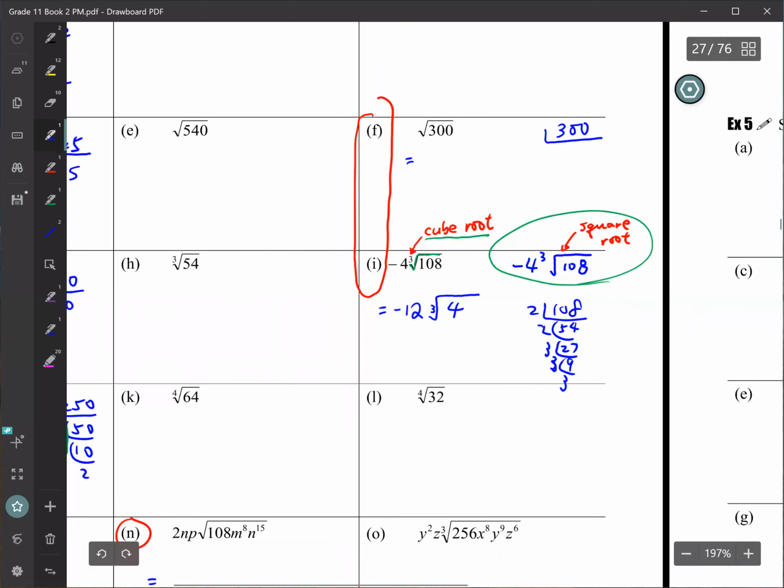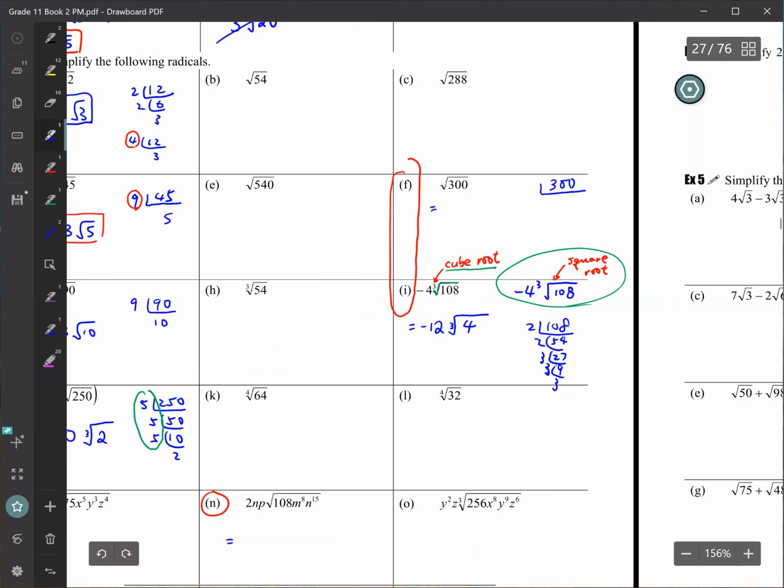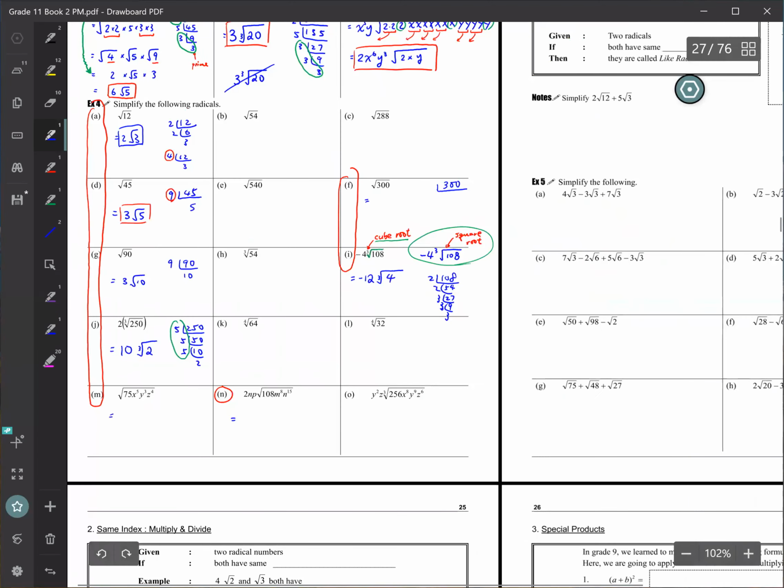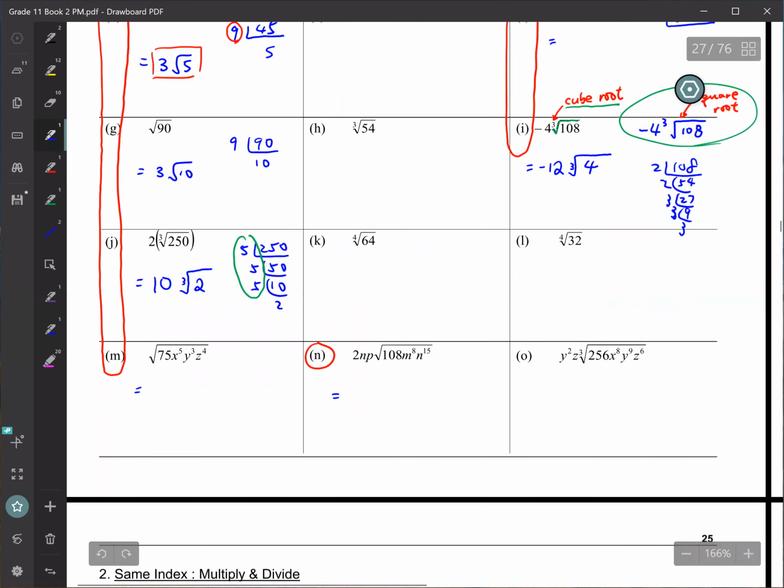All right. So now the letters. Okay, we'll look at the letters. For 75, okay, x^5, y^3, z^4. This is a square root. We need pairs. So Angela, what goes out, including the variables? 5x squared, y, z squared.